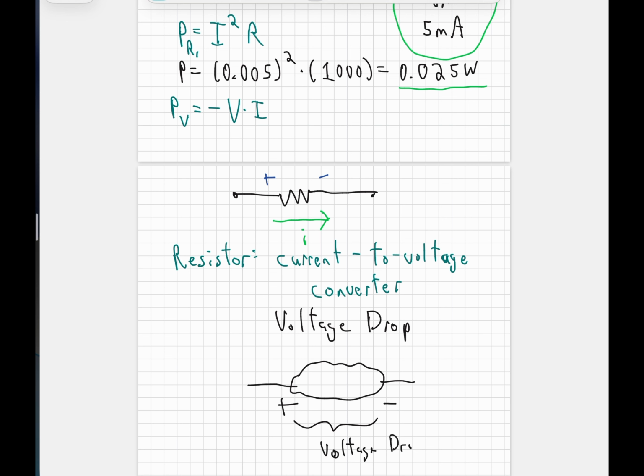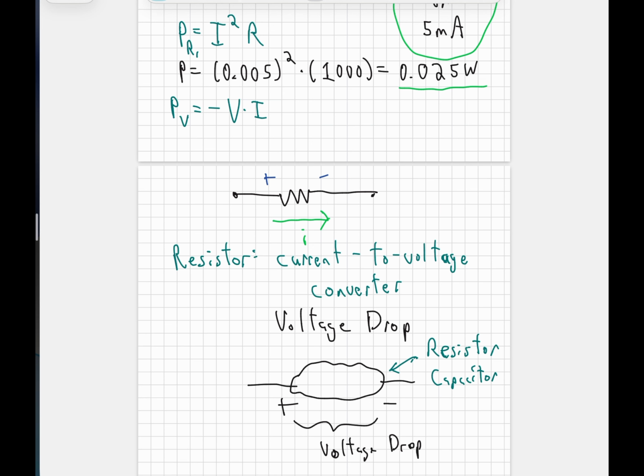Now this blob is some sort of circuit symbol. It could be a resistor, or a capacitor, or an inductor. So that's just what that circle represents.